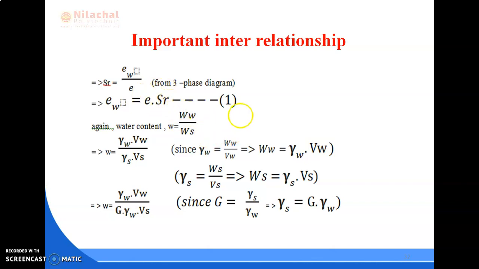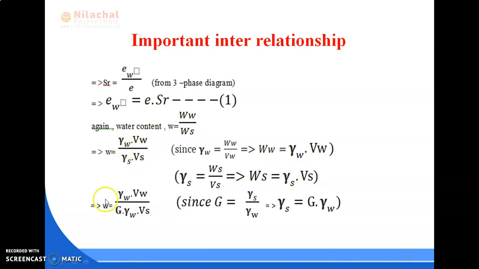So Ww equals gamma w into Vw. Same thing for Ws: gamma s, unit weight of solid, equals Ws by Vs, which implies Ws equals gamma s into Vs. So put this value here in place of Ws.